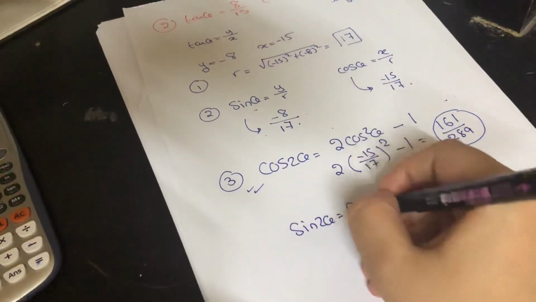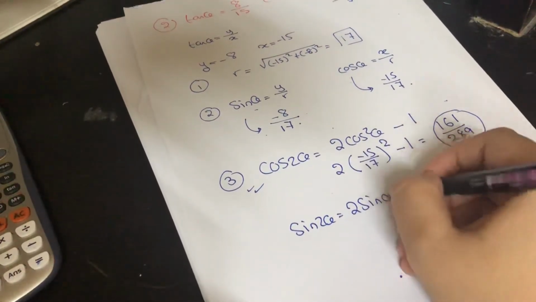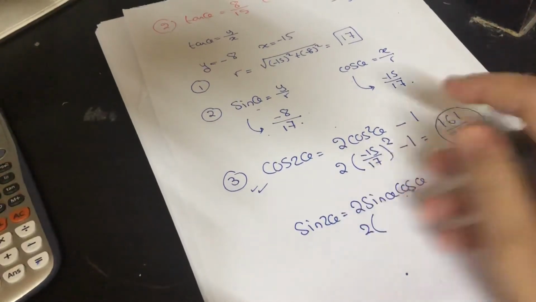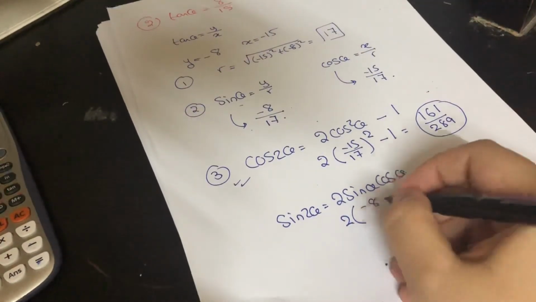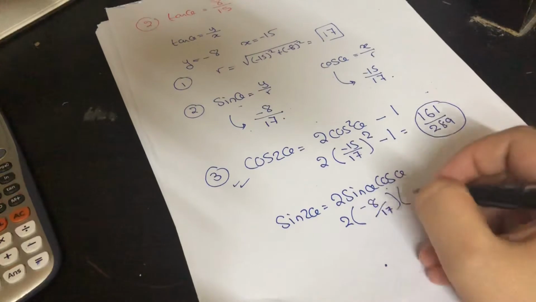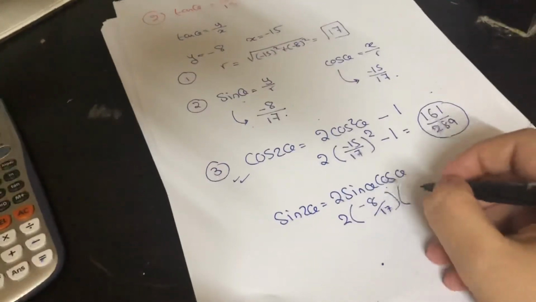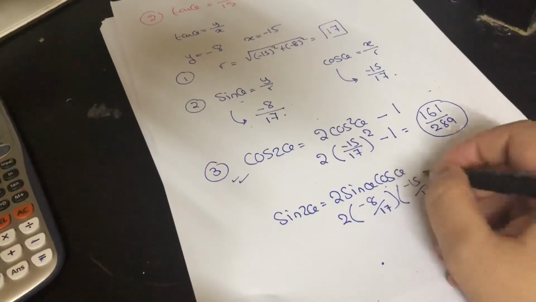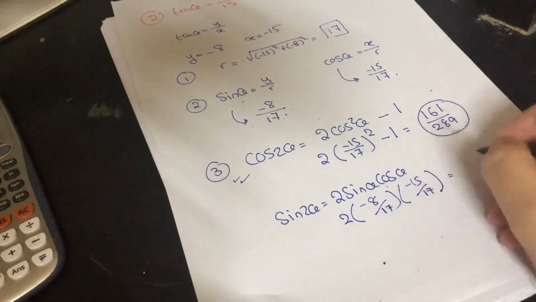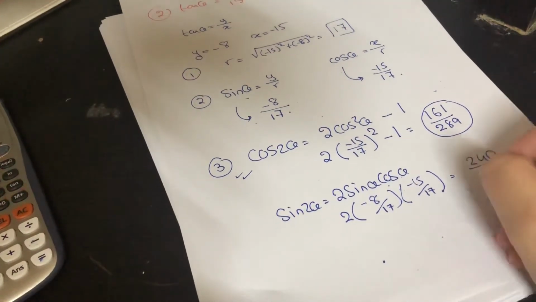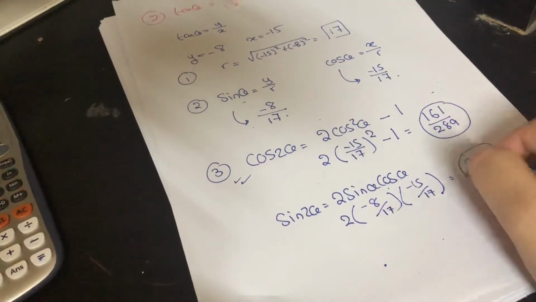The second one is sine 2 theta. Its rule is 2 sine theta cosine theta. So 2 multiplied by sine theta, which is negative 8 over 17, times cosine theta, which is negative 15 over 17. And that will equal to 240 over 289.